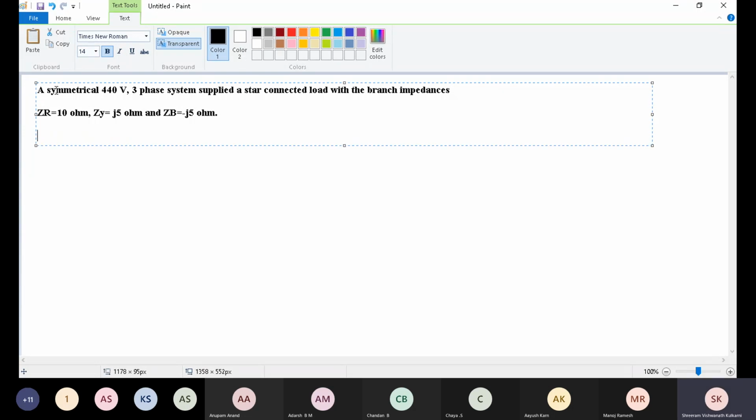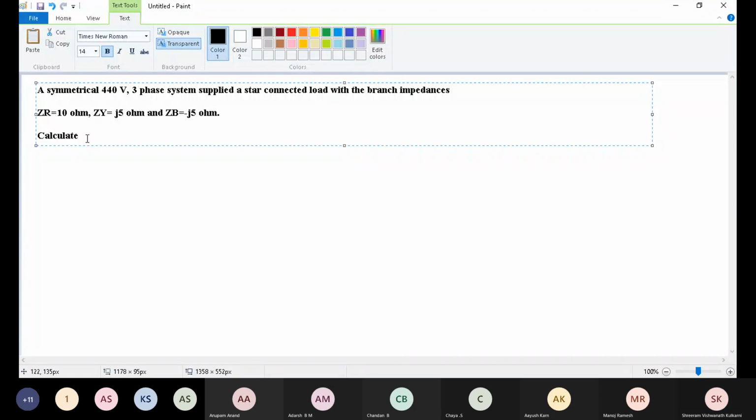Now we need to calculate. In a question they might be given as ZA, ZB, ZC or ZR, ZY, ZB. Just three phases we need to mention; the notations will be different.